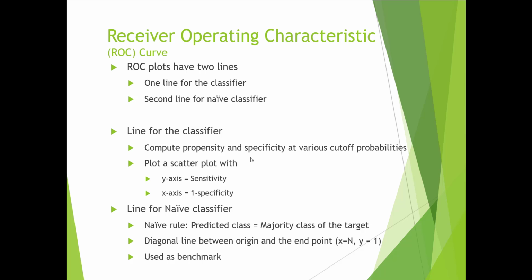Now if there are more zeros than ones, then the naive classifier classifies all the records as zeros. On the other hand, if there are more ones than zeros, then you classify everything as one. So your prediction is the majority class for the target. So that is your naive classifier.